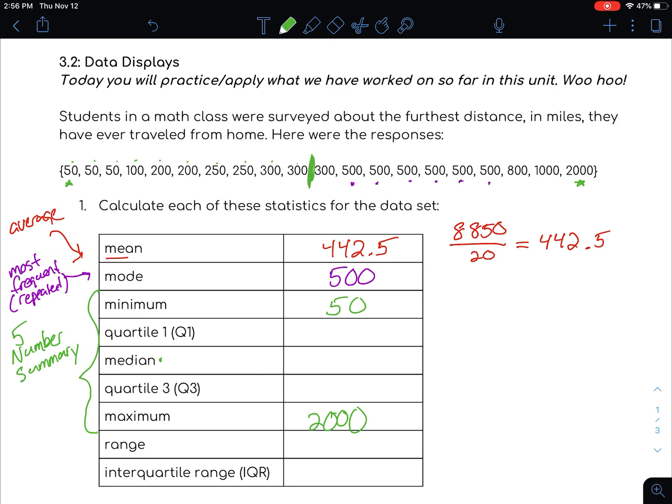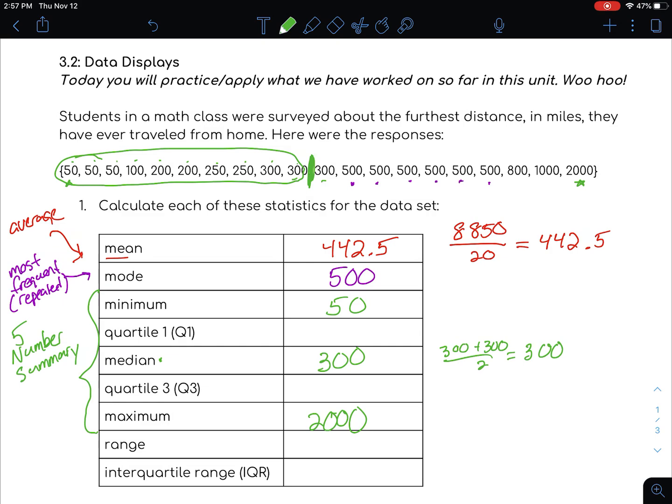So 1, 2, 3, 4, 5, 6, 7, 8, 9, 10. So the median is between the 300 and the 300. So remember, if it's between those, we just take the average of the middle 2. So 300 plus 300 divided by 2, 600 divided by 2. So the median is 300.